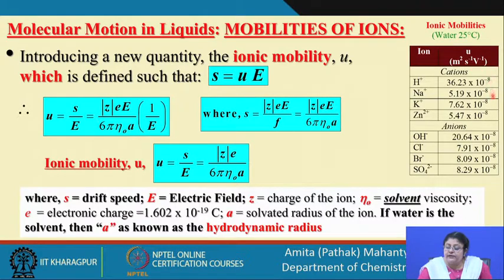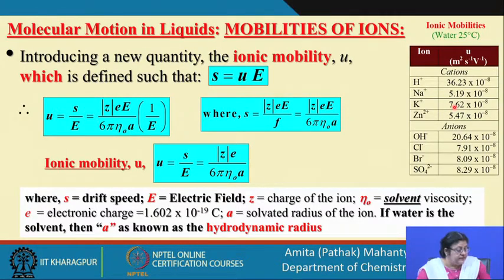So, if these are the values, you can make out there is a drastic difference between the mobilities of ions such as H plus and OH minus compared to the rest of the ions in the solution. Sulphate ion has again a low value compared to the chloride ion. Similarly, zinc ion has a lower value than the potassium ion.